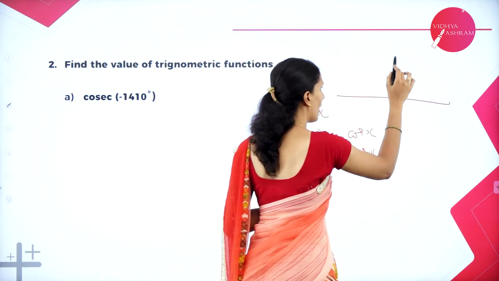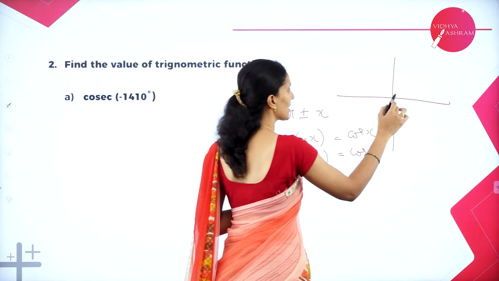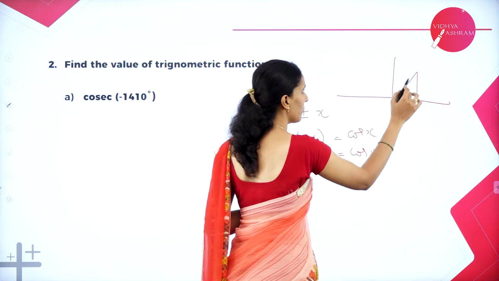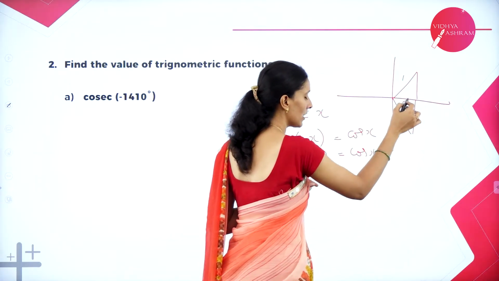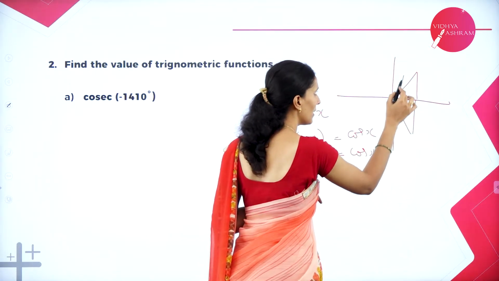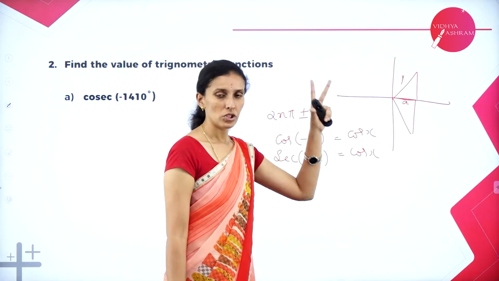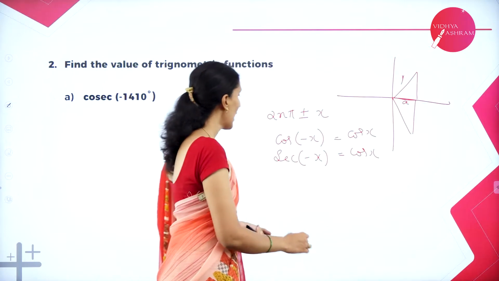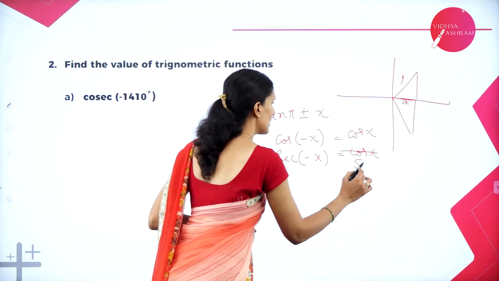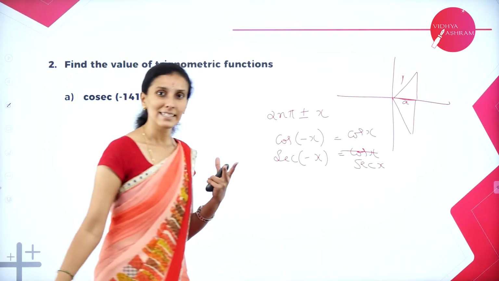Why? Because in a quadrant, your cos function is nothing but adjacent side by hypotenuse. Similarly, for the negative angle, it is again adjacent by hypotenuse. The value of the adjacent side is the same, which is positive. So your cos function and secant function are the same.